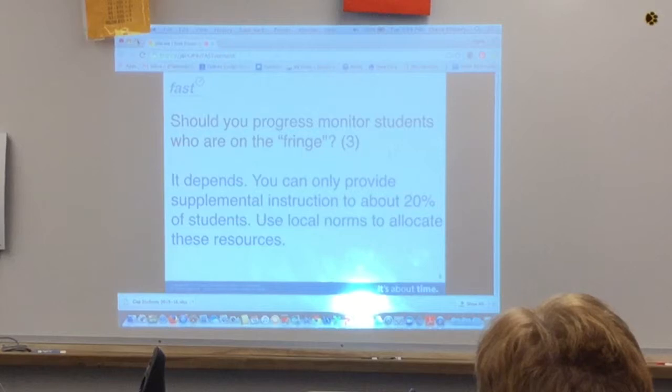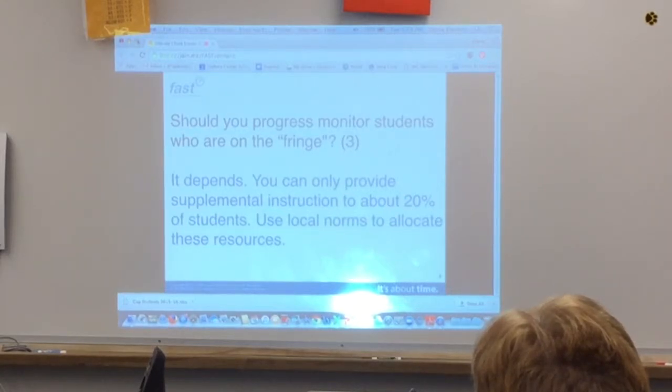Chris talks about that being 20 minutes a day, 4 times a week, which is generally the appropriate dosage for an intervention. That's a fair amount of time, and to do that well and with fidelity, it's difficult to do for much more than 20% of your students.